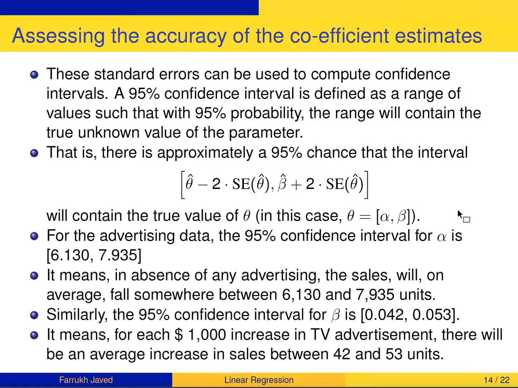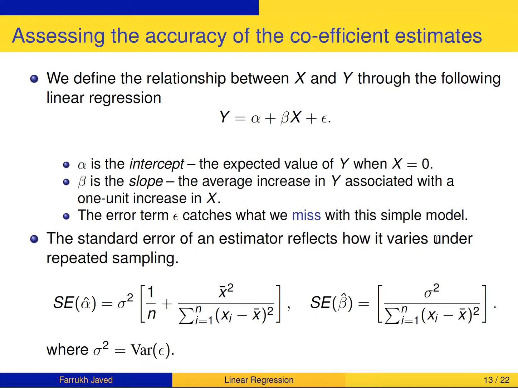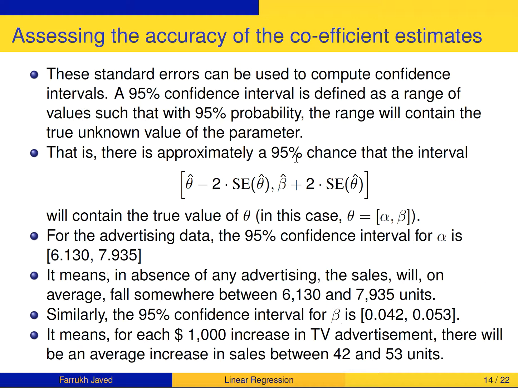So for the advertising data, the 95% confidence interval for alpha is this one. It means that in the absence of any advertising, because I'm talking about alpha, if beta is 0, then y is equal to alpha plus error. So let's talk about the influence of alpha on y first.